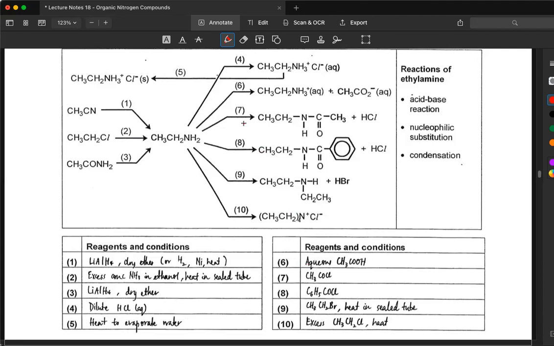6, ethanoic acid, then you can actually form a salt and it will get protonated. Then 7, you use acid halide.